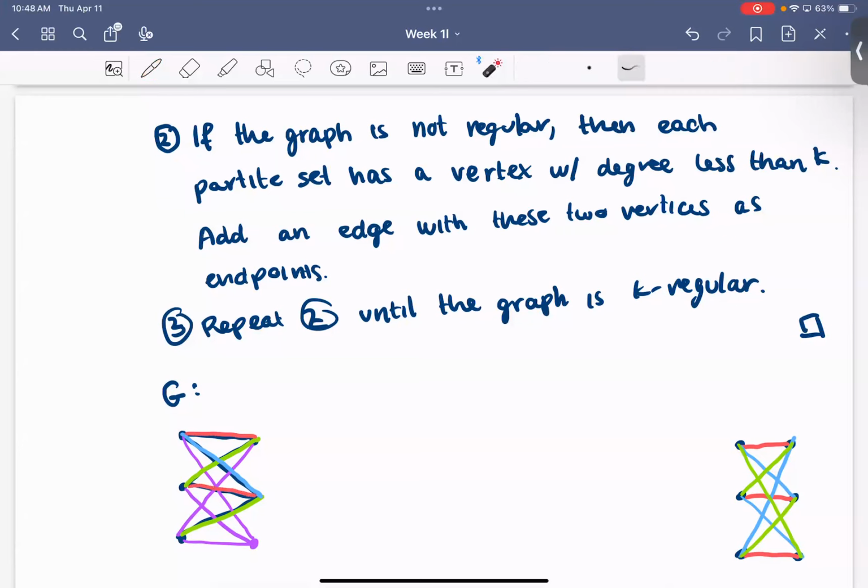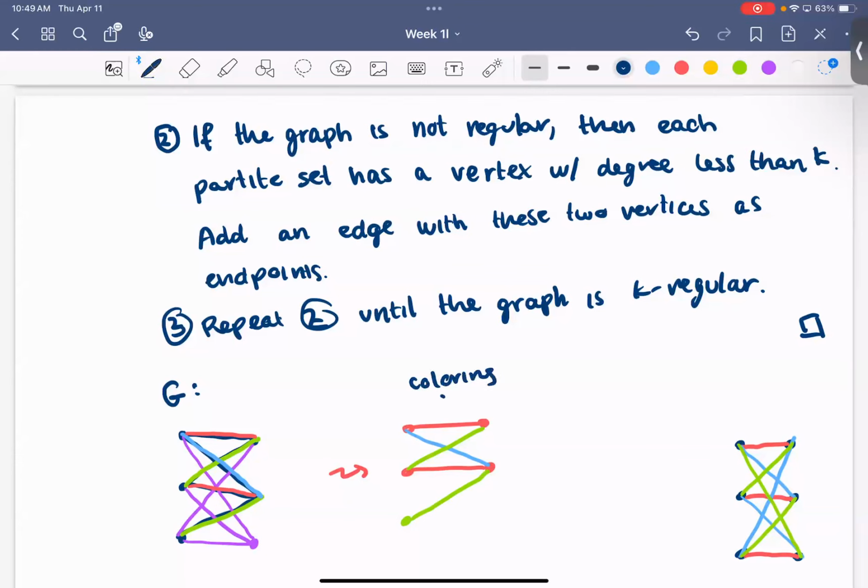Okay, so that's how I get my coloring of G. Are there questions?